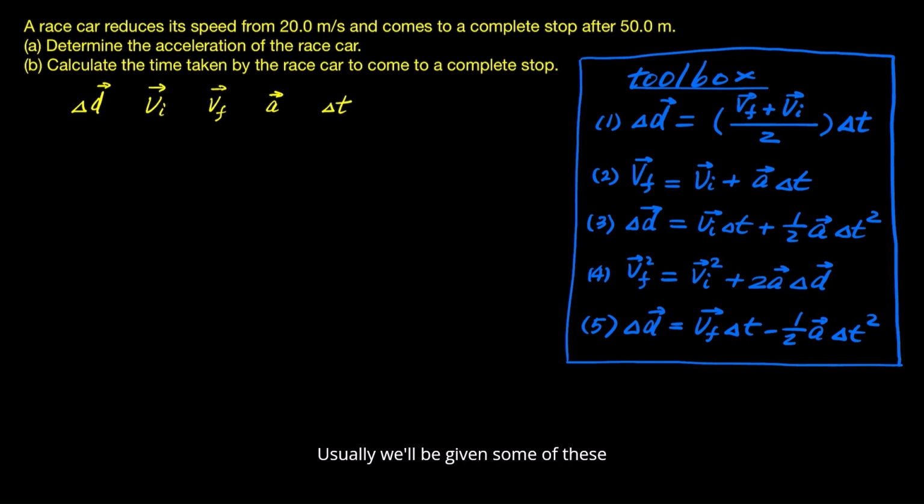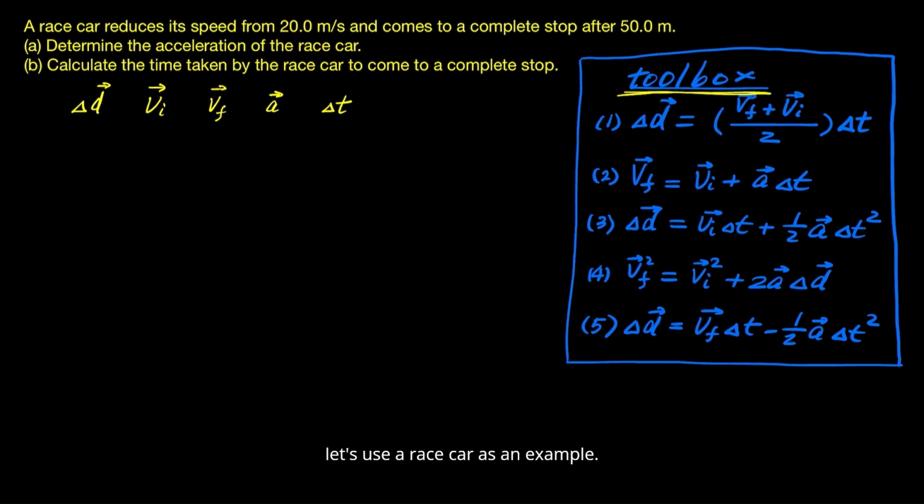Usually we'll be given some of these values and asked to solve for the others. And this toolbox contains all the formulas that relate these variables. Our job is to figure out which variables we have and then choose the right formula to use.